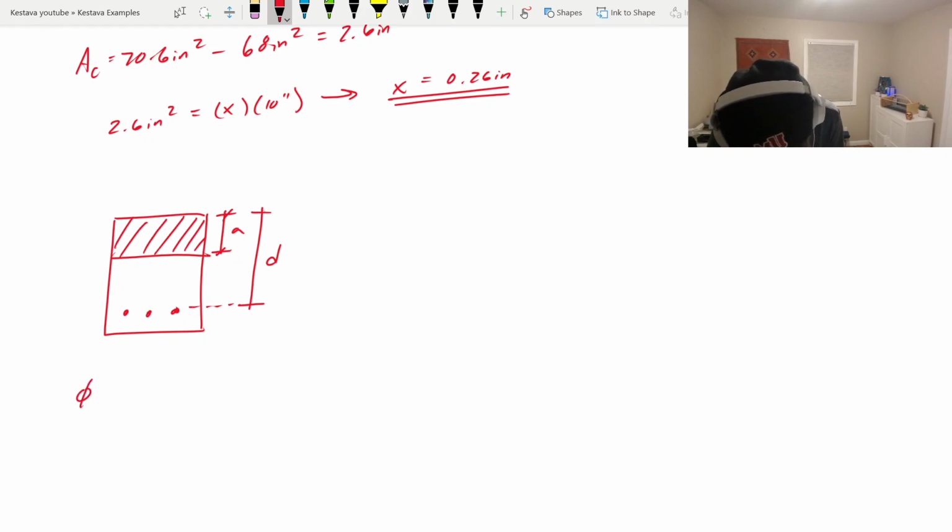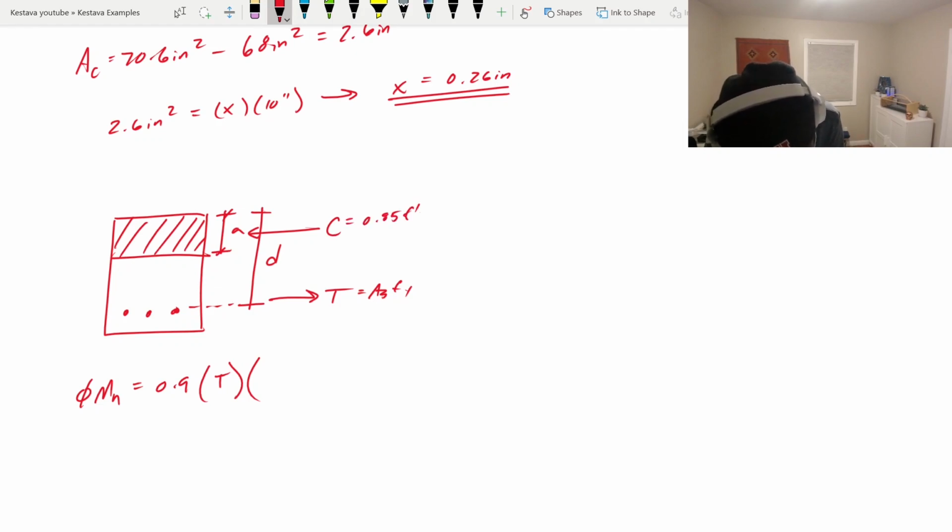You know that phi M_n is going to equal, in this case, phi is going to be 0.9. It could slightly be different, I know, but times T, which is equal to A_s F_y, and you have this being C, which is equal to 0.85 f'c.